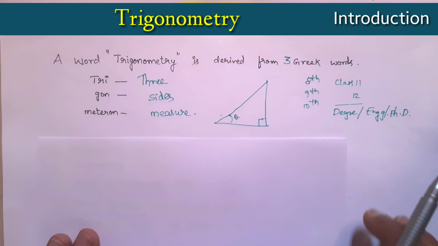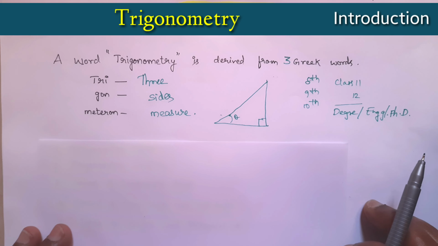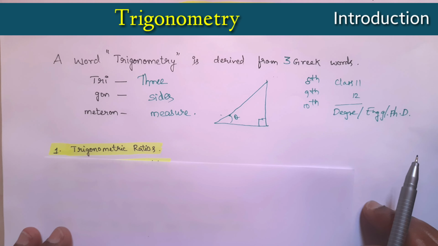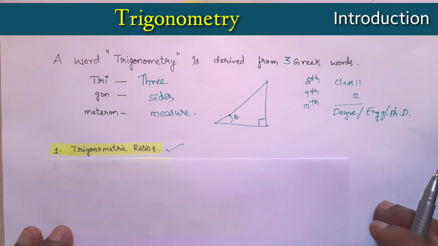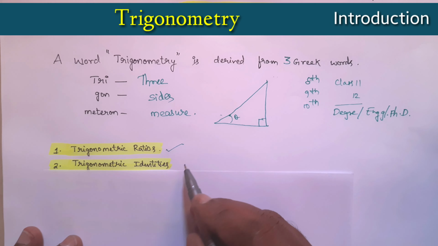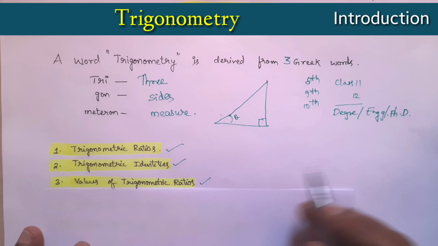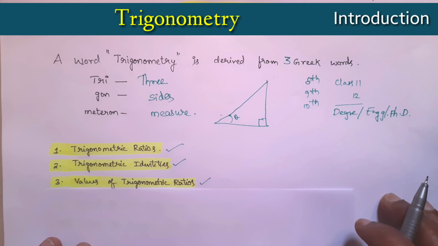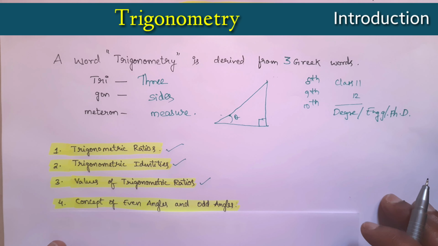Particularly in this video, I want to discuss five important concepts regarding trigonometry. The first one is trigonometric ratios, and I will explain what they are. The second point is trigonometric identities. The third point is how to find the values of trigonometric ratios, which I will explain in detail. The fourth important point is the concept of even angles and odd angles.